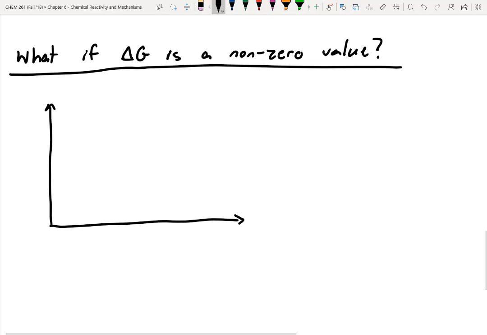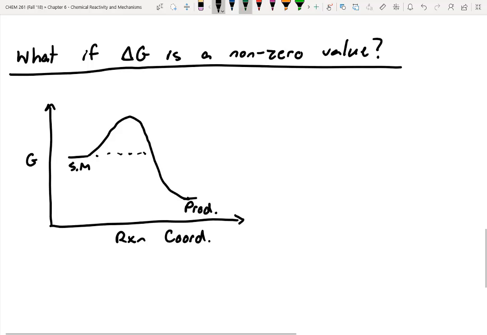So I'm going to put energy on this side as Gibbs free energy and reaction coordinate down here. And I'm going to have my starting materials up here and my products down here. So now they're not at that same energy level. We're going to have some amount of activation energy. So we'll go ahead and label that. That's the hump that we have to overcome.